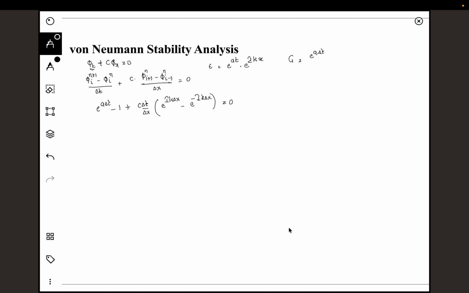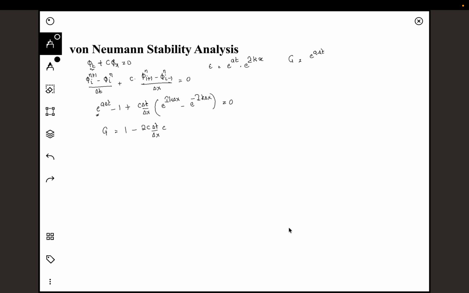And we are interested in finding this value, which is g, which is 1 minus 2 c delta t by delta x times i sin k delta x, something like this.